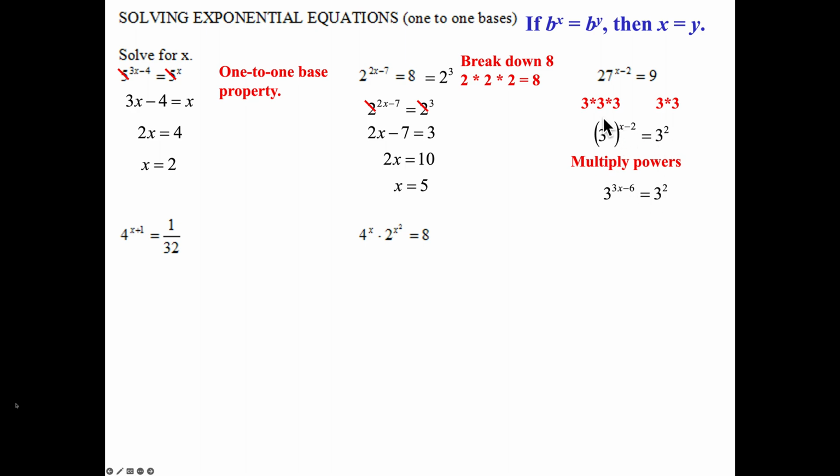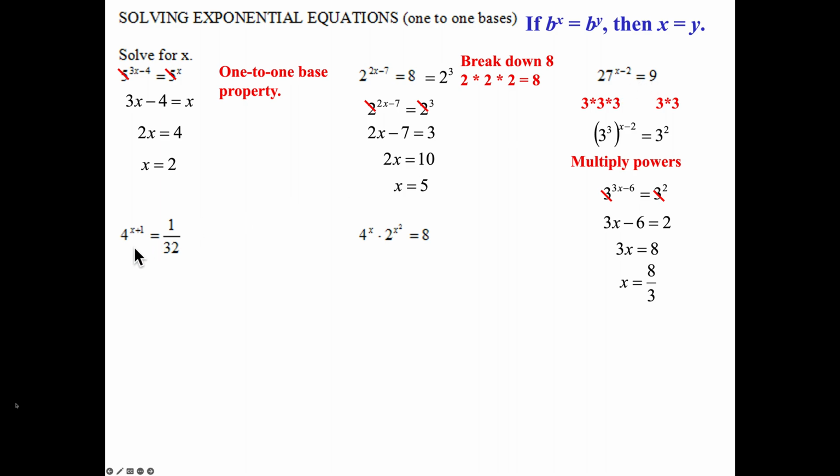It wasn't up here because this base was 3 to the third power, so we had to simplify the powers. Cancel your 3's. 3x minus 6 is equal to 2. Add over the 6 makes it 8. Divide over the 3. x is equal to 8 thirds. And again, if you want to double check, you could store 8 thirds in for x. Type in 27 raised to the x minus 2 power, and it should come back as a 9.